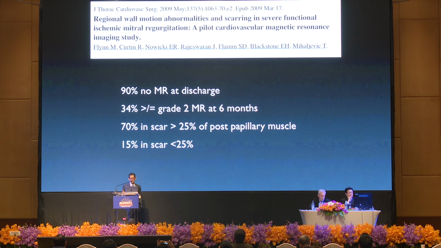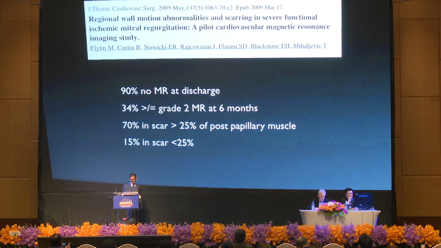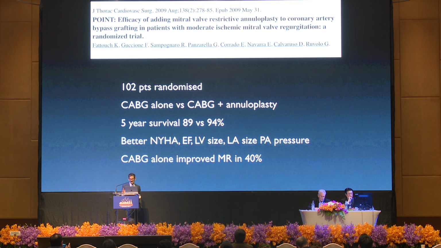But at 6 months, 34% had recurrent moderate mitral regurgitation. But if you had a look at those patients, if you had the presence of extra scar, especially in the region of the posterior papillary muscle group, you were much more likely to get recurrent mitral regurgitation. Whereas if you didn't have much scarring, you actually tended to do quite a lot better, and your residual mitral regurgitation was less.